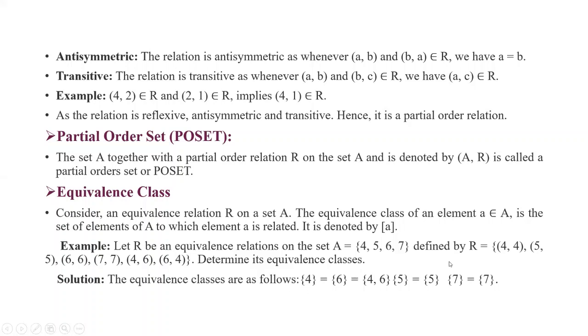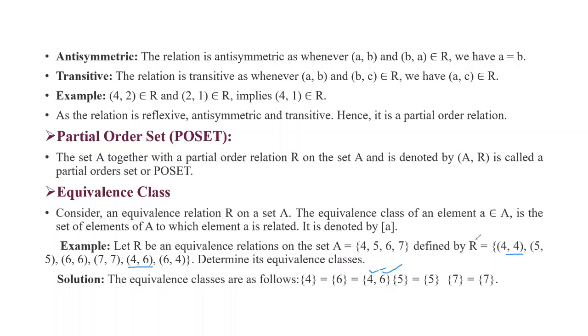So find out. See here, 4 is related to 4. Again, 4 is related to 6. So in the equivalence class of 4, there are two elements, 4 and 6.